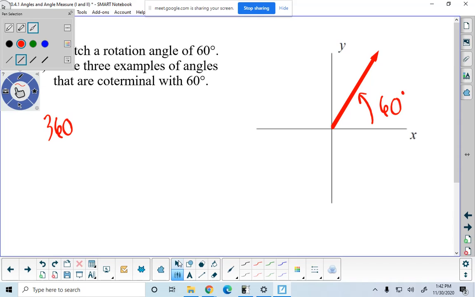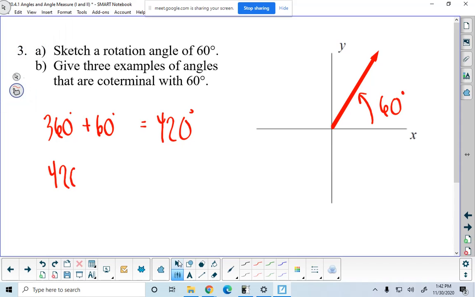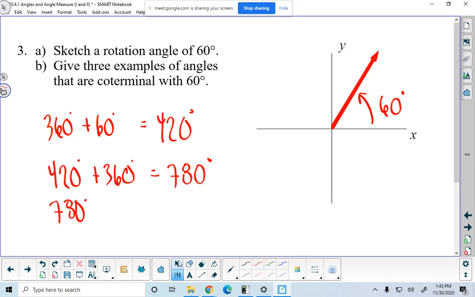360 degrees plus 60 gives me 420 degrees. That's a coterminal angle. 420 degrees plus 360 gives me 780 degrees, I think. Yeah. I could keep going. 780 plus 360, I believe, is 1140 degrees.